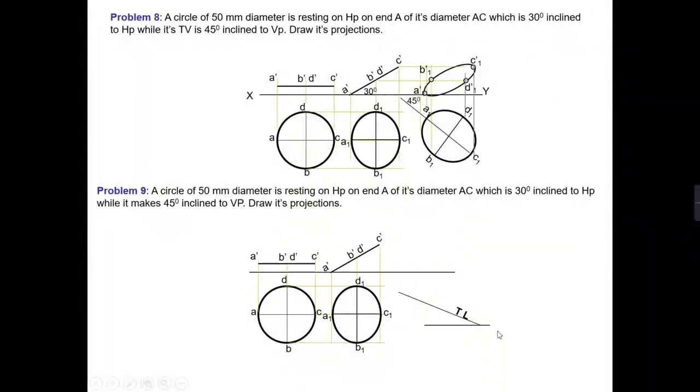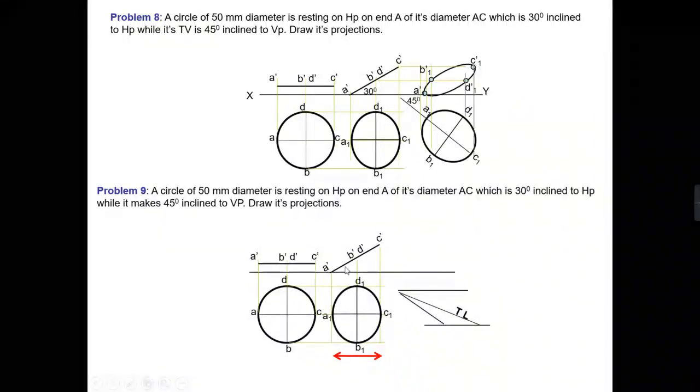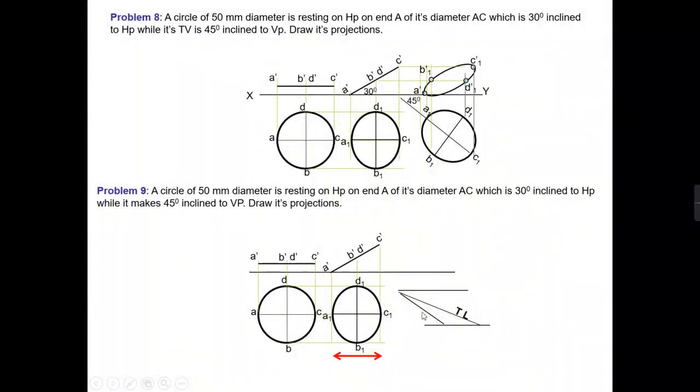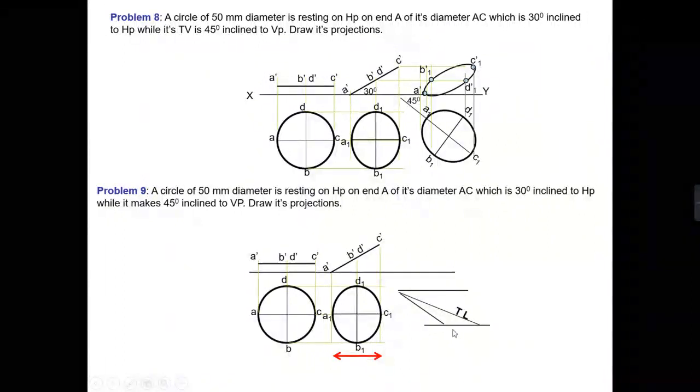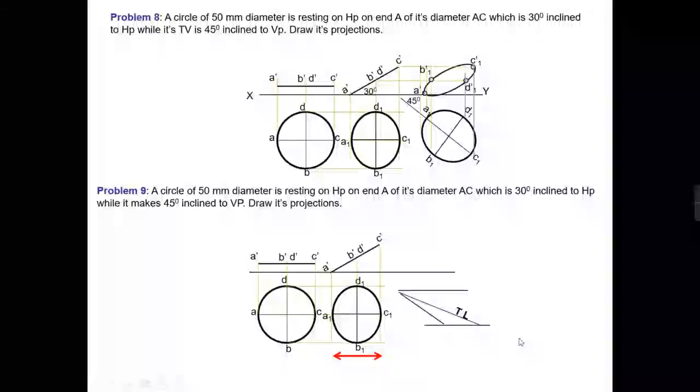So it is the true length of this circle, that is AC, and after it is inclined at some angle with the horizontal plane, we have to mark this diagonal on this horizontal line. So we can see here the angle will be more than the true angle.